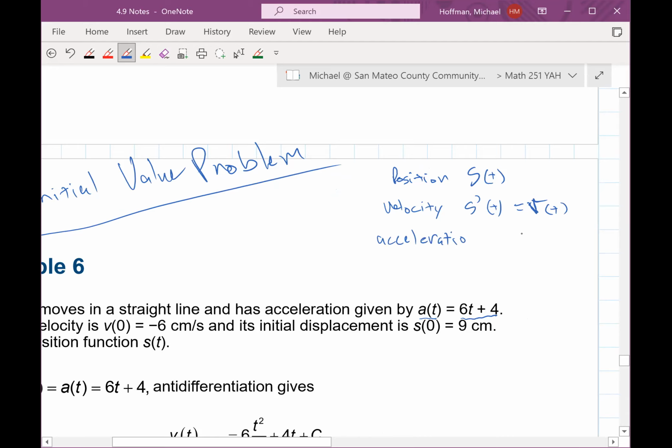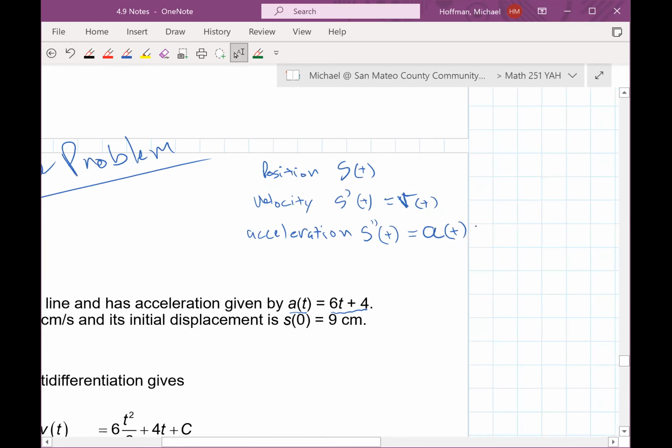It's the derivative of the derivative, so we call it s double prime of t, and we'll name it a of t. But a of t is also the first derivative of the velocity. Which means that if I take the antiderivative of acceleration, I get velocity. If I take the antiderivative of velocity, I get position.